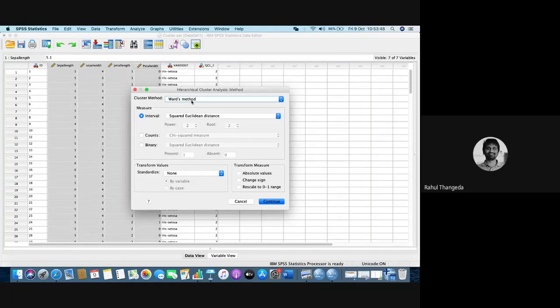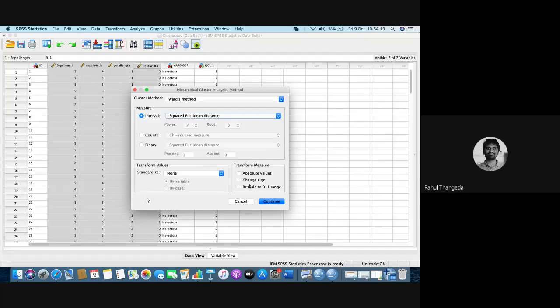So I am clicking on Ward's method, and the distance calculation is made on the Euclidean distance method. If you don't click on anything, SPSS gives you the squared Euclidean distance method by default. You can use Chebyshev or Pearson or cosine or any of these methods that are there, but let's continue with the squared Euclidean distance method only.